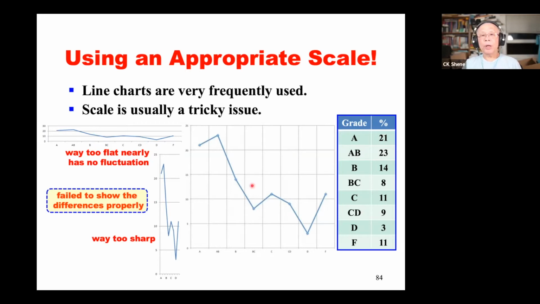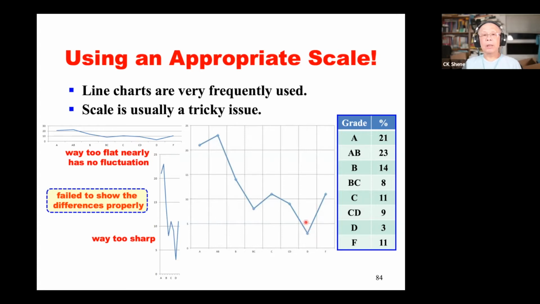So a line chart is pretty good. A 21, AB 23, and B 14, and so on. So we see immediately A is high, the highest will be AB, the lowest will be D.